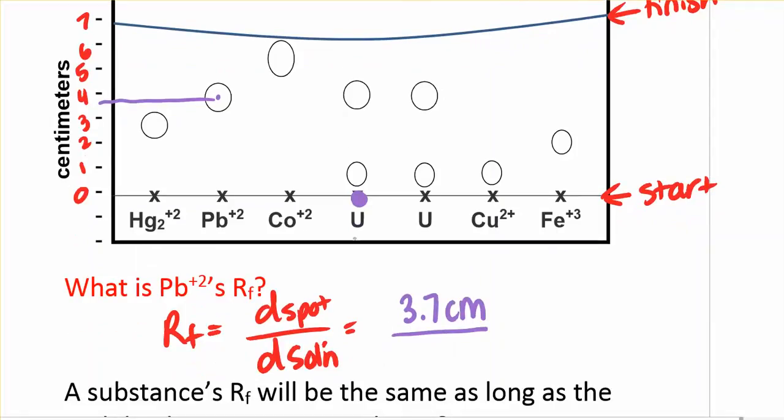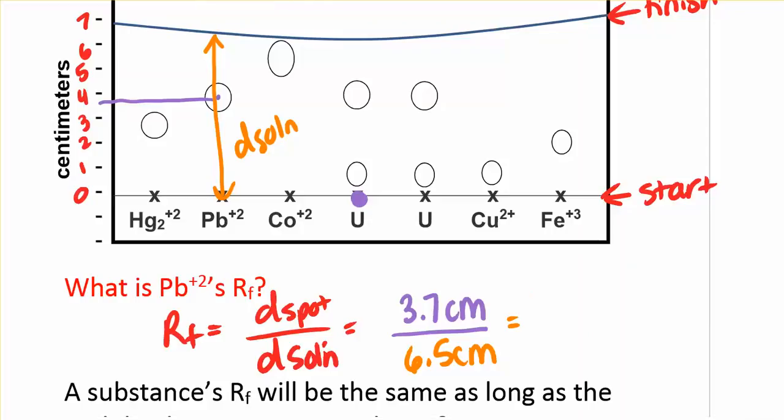And then for the solution, I don't want to measure the solution's distance just anywhere. For this RF, I need the distance that it went right here. And I would say that is about 6.5. Then I need 2 sig figs.